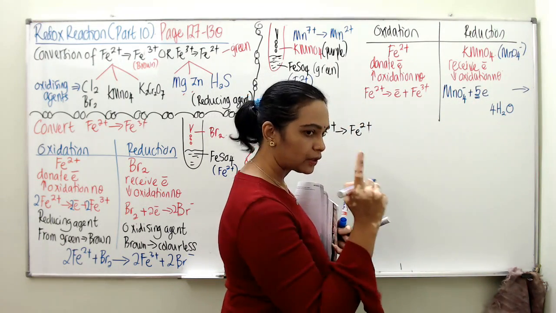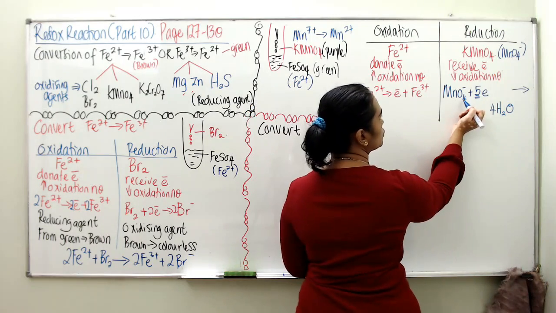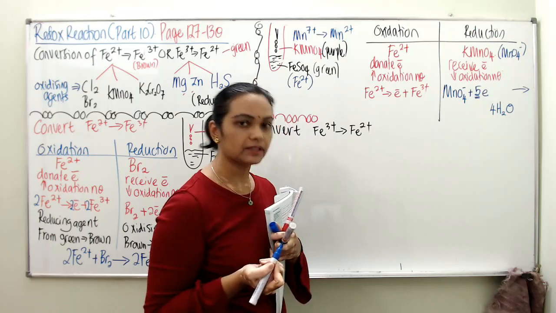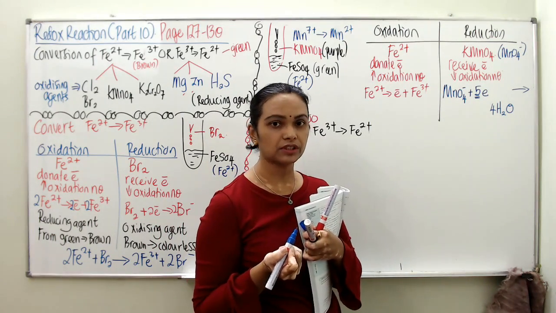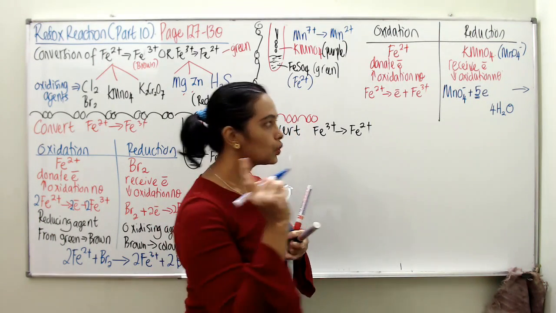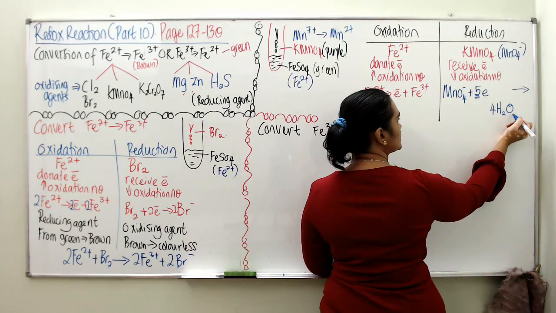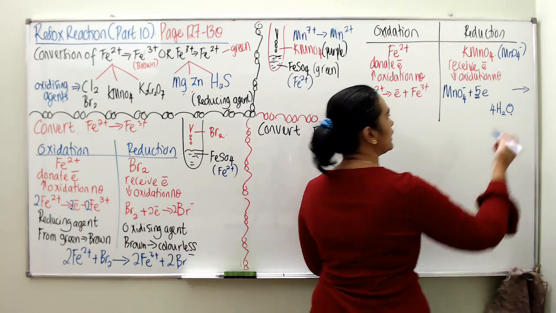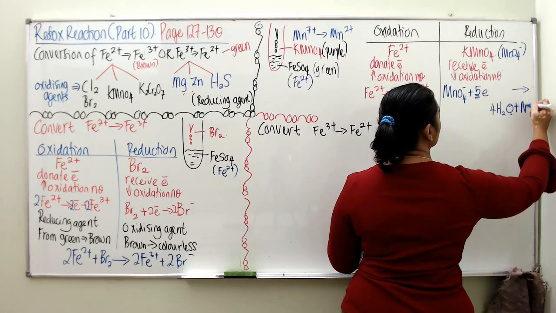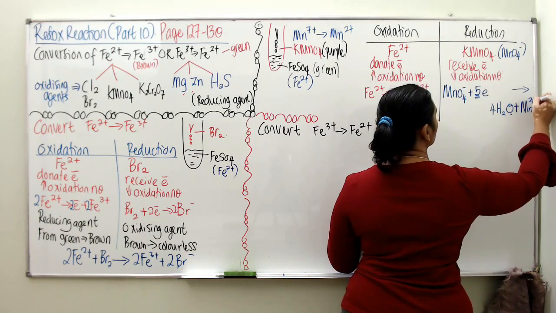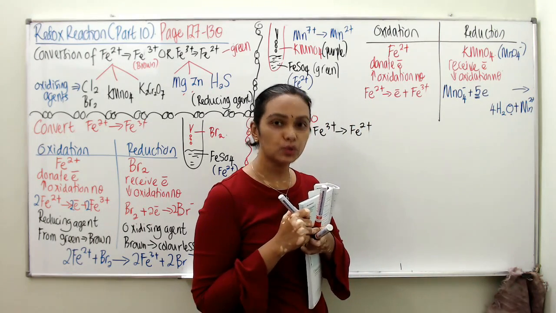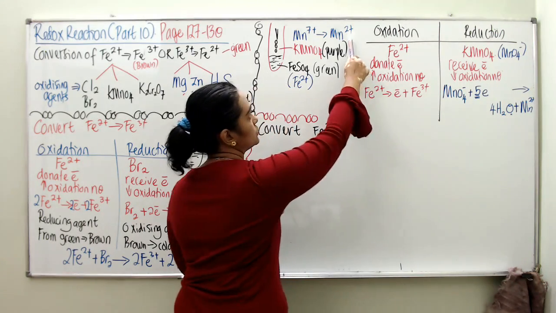Now, clue number 2. Can you see you have 4 oxygen here? You are supposed to produce water in the half ionic equation for the manganate ion. That's the reason why teacher wrote 4H2O here, and you are producing Mn2+ ion, like what teacher said here.